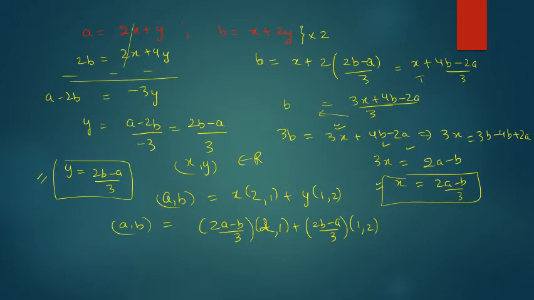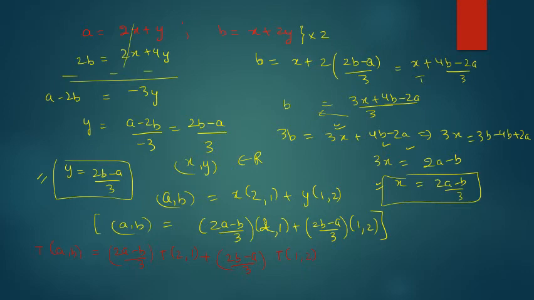So if you expand this, because T is the linear mapping of this part, if you distribute T throughout, T of (a, b), T being the linear mapping, remember, that the question has given us: (2a minus b) by 3 times T of (2, 1), plus (2b minus a) by 3 times T of (1, 2).